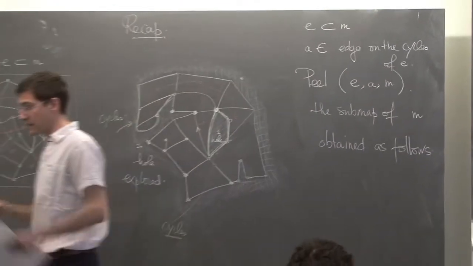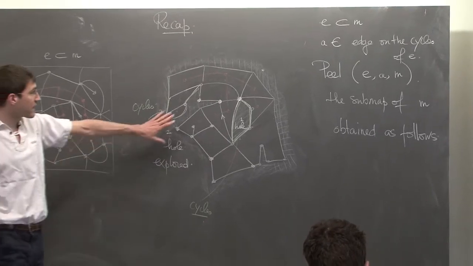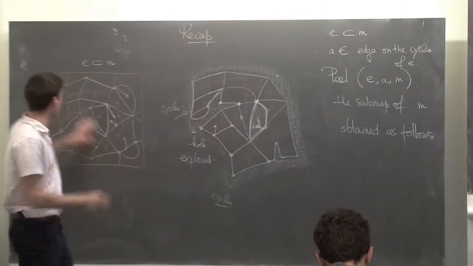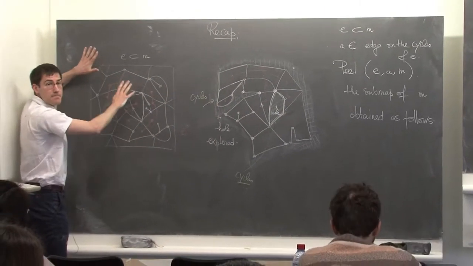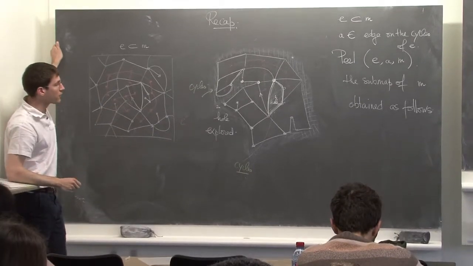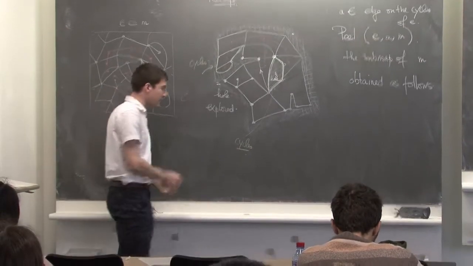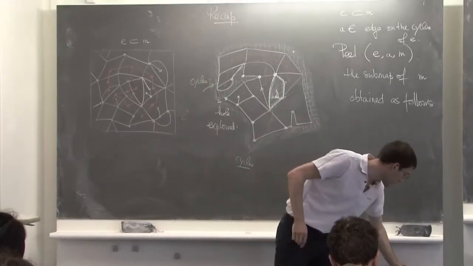So I'll do it on this example. This map is a submap of this bigger one here, M. And assume that I want to peel this edge, this one.